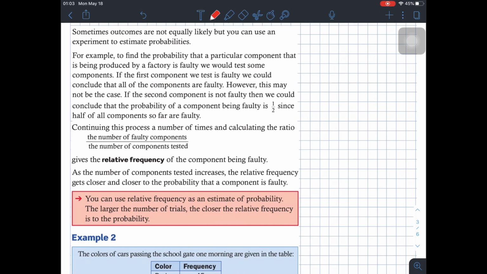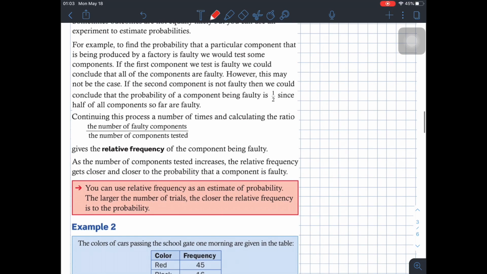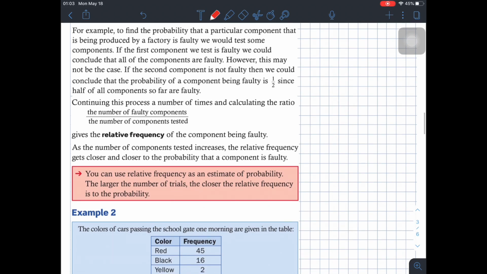If the first component we test is faulty, we could conclude that all of the components are faulty. However, this may not be the case. If the second component is not faulty, then we could conclude that the probability of a component being faulty is 1/2, right? Because 1 is faulty out of the universe of 2 that we're analyzing currently, since half of the components so far are faulty.